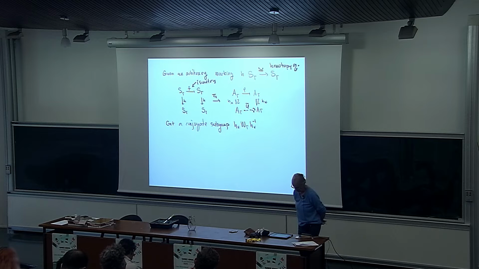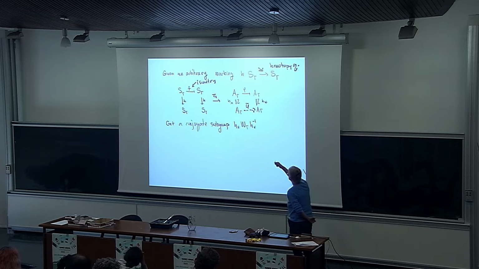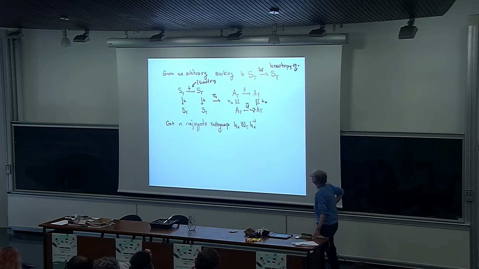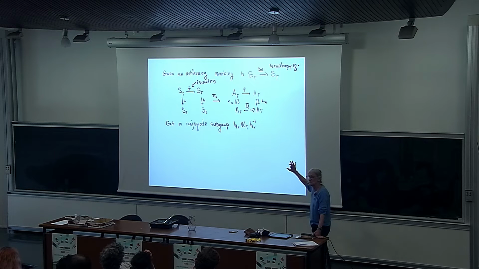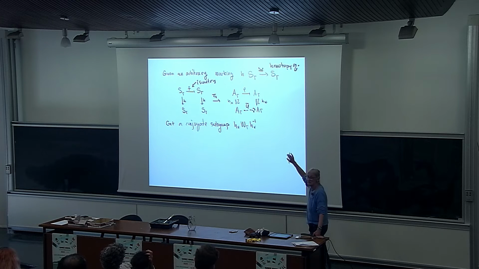And what it does is conjugate your subgroup W gamma to the conjugate by the induced map h star. So you can get all of the subgroups I've mentioned so far from this picture of isometries of this space plus markings.